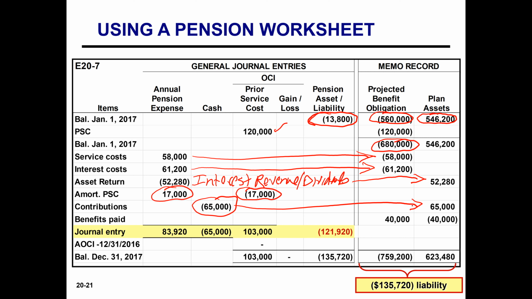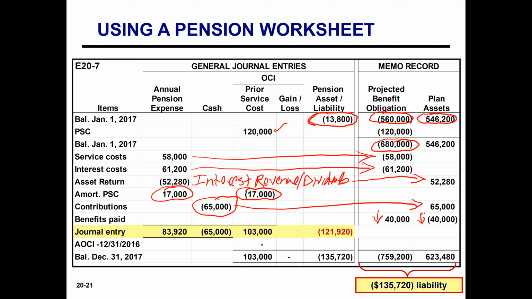And then benefits paid out to retirees or to former employees decrease our projected benefit obligation, and also decrease the plan assets, right?